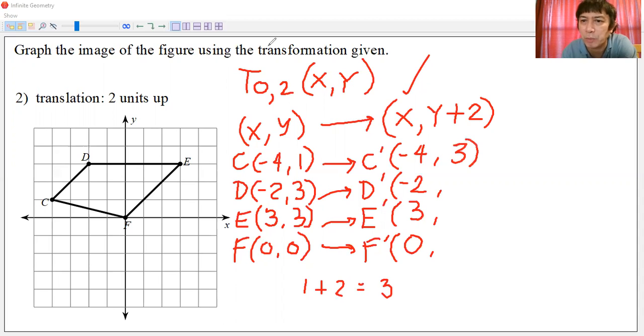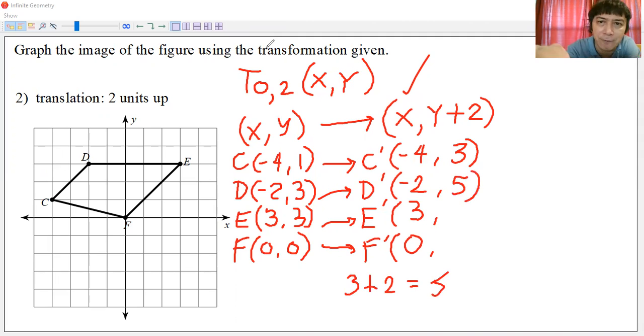We're done with C prime. Let's now continue with D prime. Let's compute our y plus 2. Our y for D is 3, and we add 2, that should be 5. So this is 5 over here.